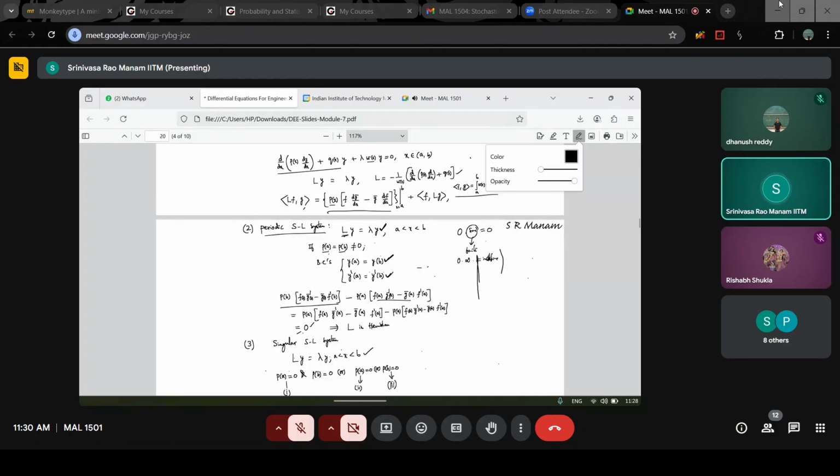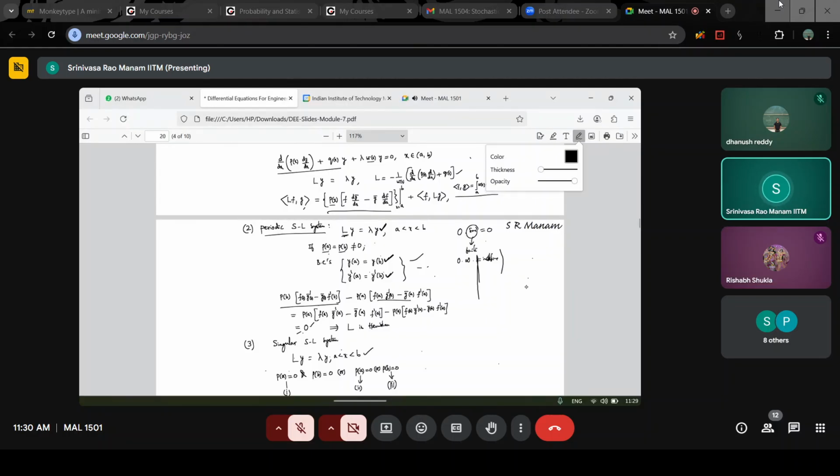These are your periodic boundary conditions. Periodic boundary conditions are simply periodic: at a and b, both ends, both values are the same. So these are called periodic boundary conditions. If you put these boundary conditions in, then you can show P of B into this minus those terms. Now you have to first show that L is self-adjoint.